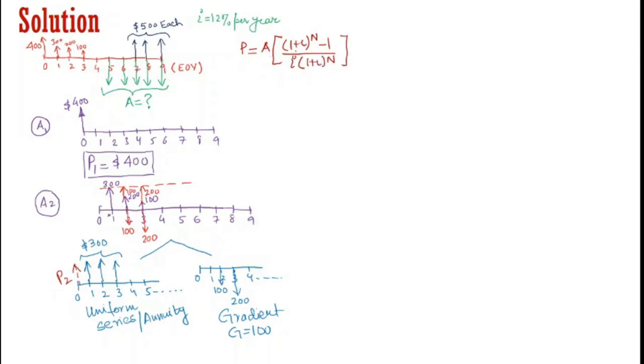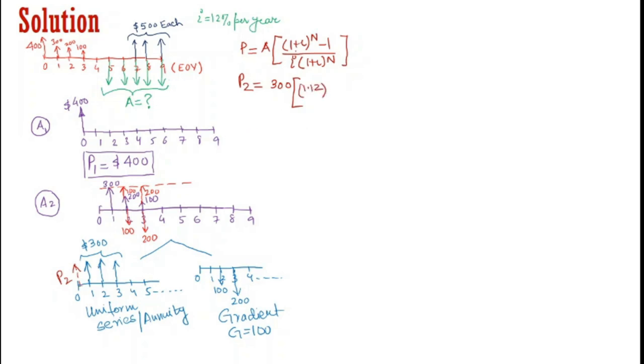A is given as 300. So P2 I can evaluate simply by putting A equal to 300, and i is 12 percent, so it will be 1.12 to the power n.